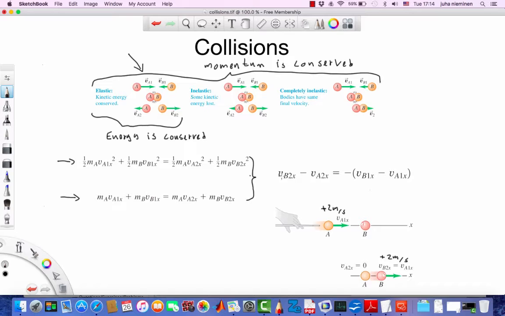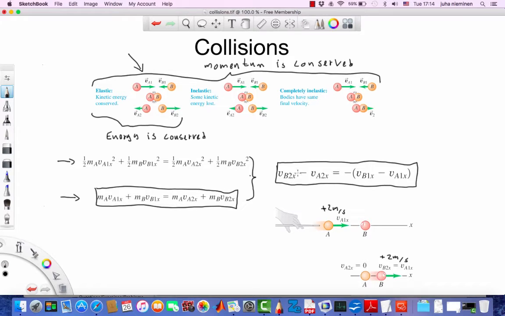And this is, in fact, just the consequence of conservation of energy. And why we wanted to have this result is that this one is much easier to use than the original formulation of conservation of energy. So here we have conservation of momentum and conservation of energy. This result holds also in the vector form and not only in one-dimensional motion as we have shown here.